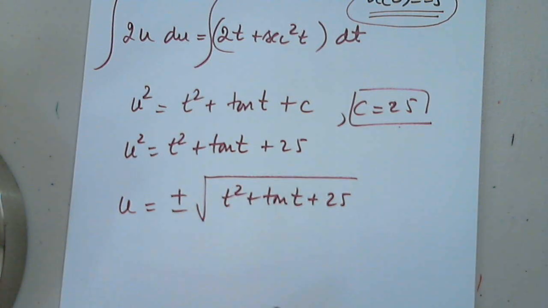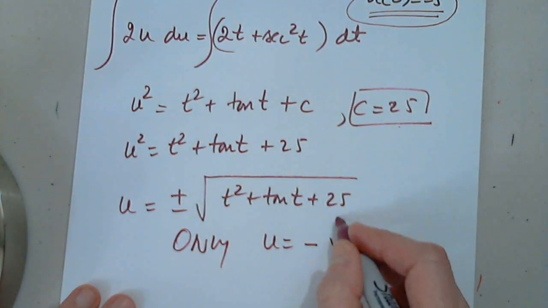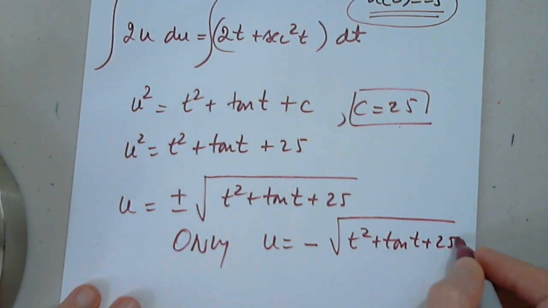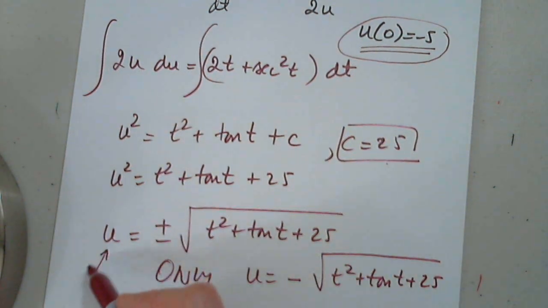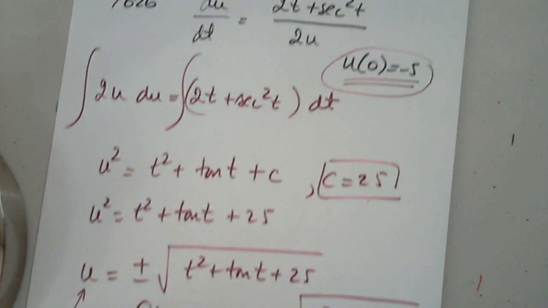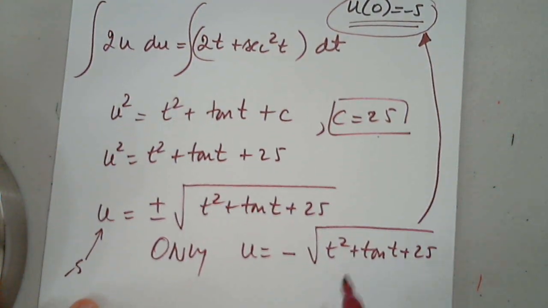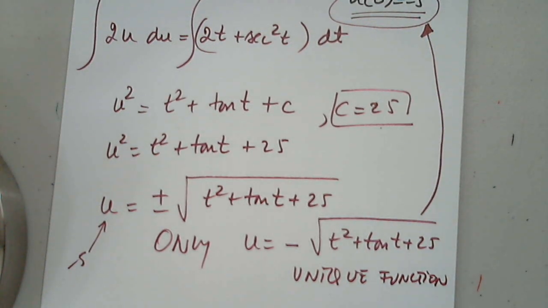So only, I'll write only u equals negative the square root of t squared plus tangent t plus 25, because otherwise I will not get this condition. So if this side is negative 5, this side has to be negative 5. So only the negative solution will comply with the initial condition. So this is it, a unique function, not a family of functions.